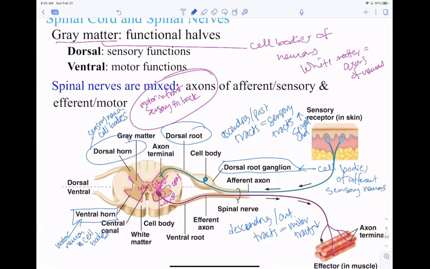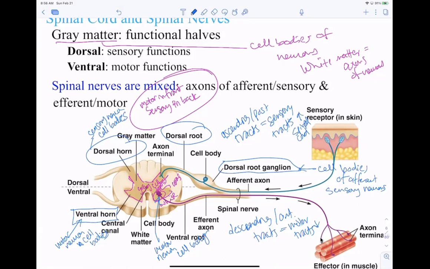And then the motor neuron cell body is going to be located inside the ventral horns, because it's just a multipolar neuron. So the cell body is at one end and the synaptic terminals are another.